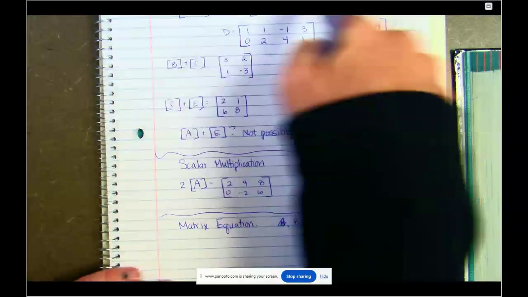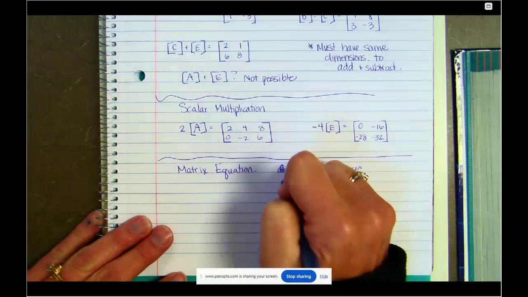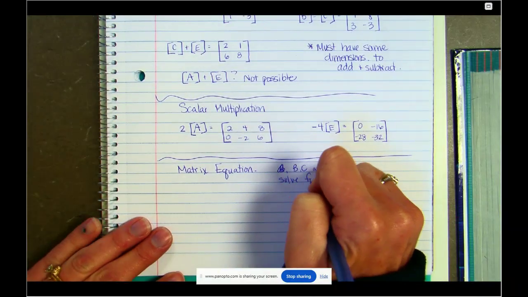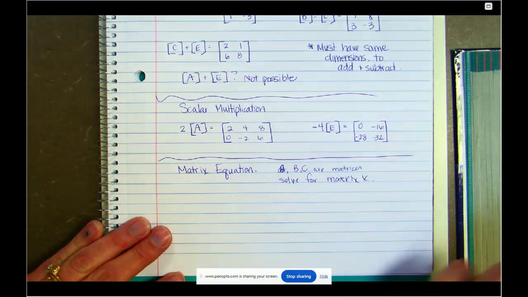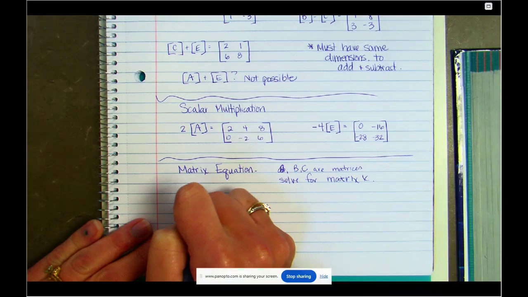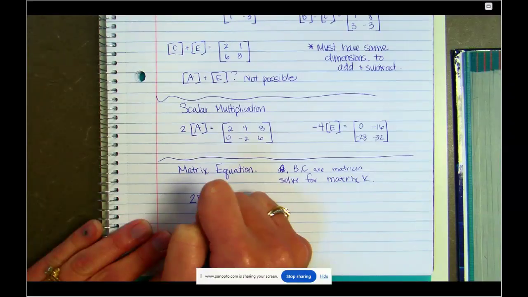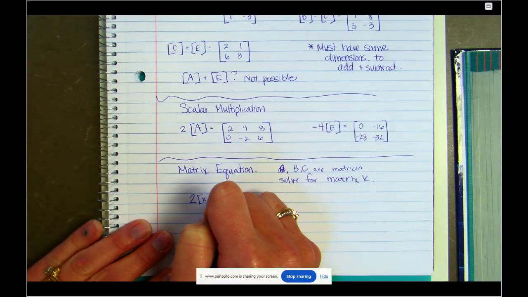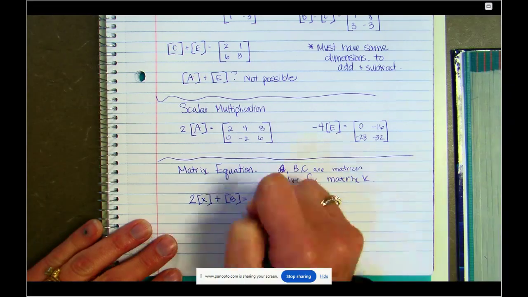Okay, so these guys up on the top, we're using the B and the C. Solve for matrix X. So let's say we have 2X plus B equals C.